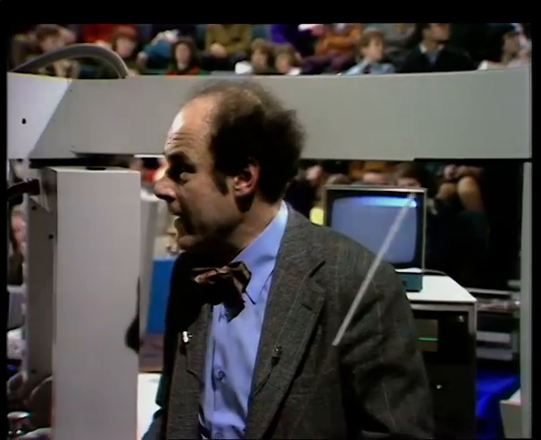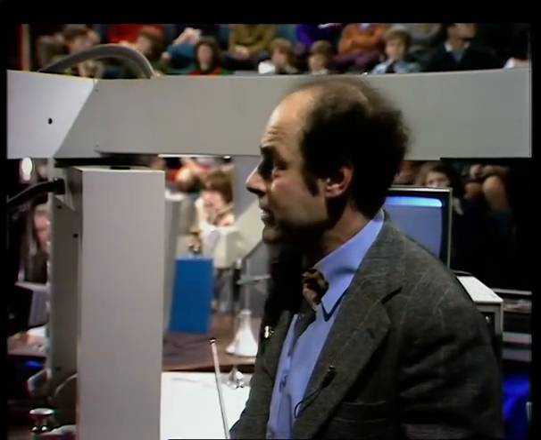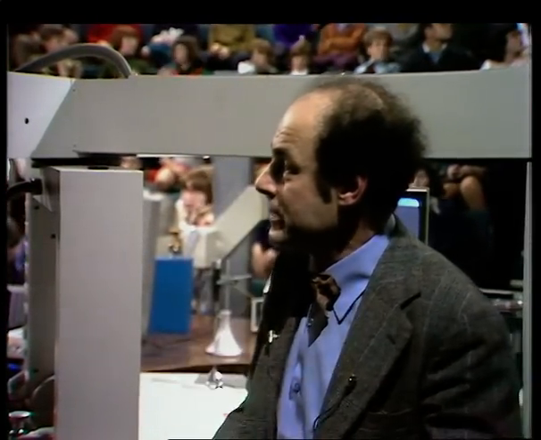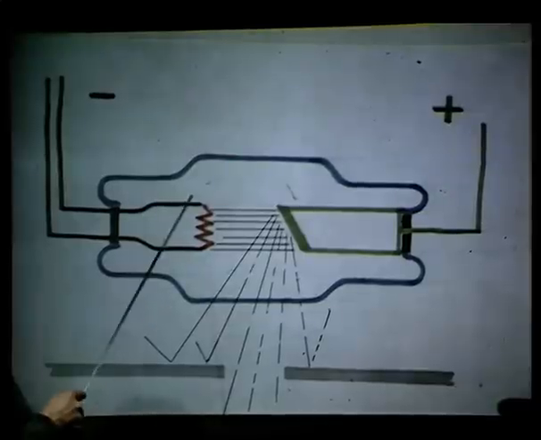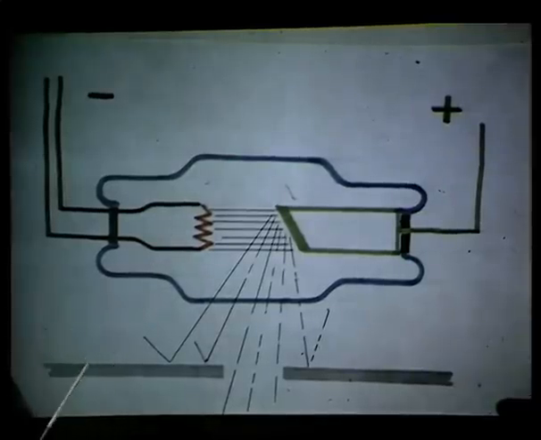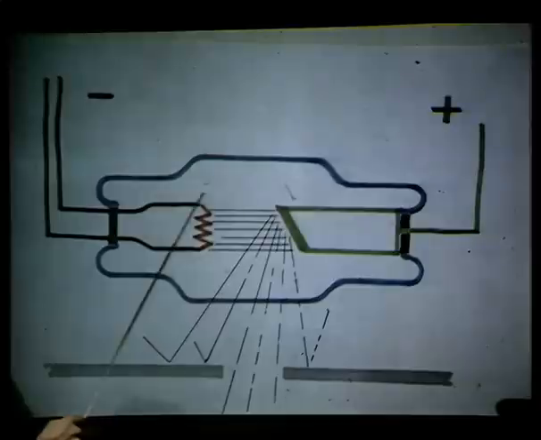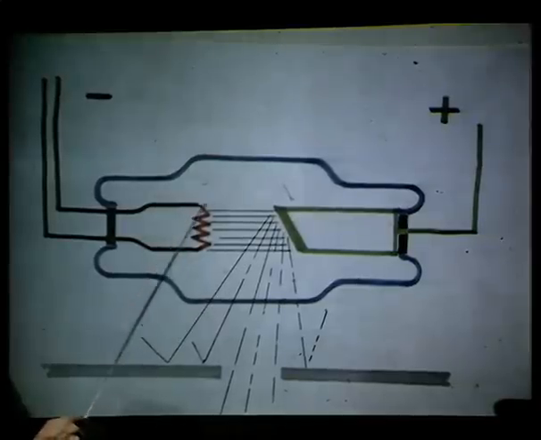Now, if you make a wire red hot or even white hot, it emits electrons copiously. It surrounds itself with a cloud of electrons, and rather than having to drag the electrons out of a cold piece of metal by brute force, one now has a copious supply of them, which can be accelerated by the high voltage difference between the cathode and the anode.